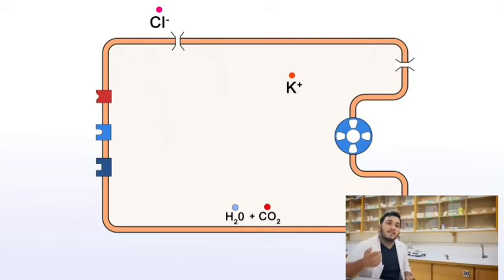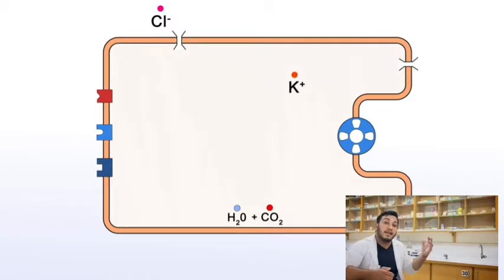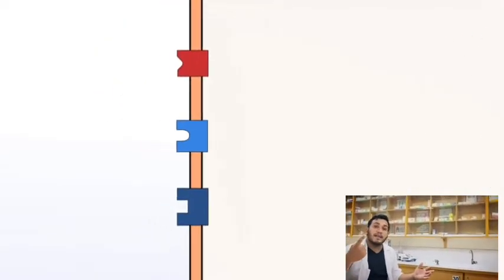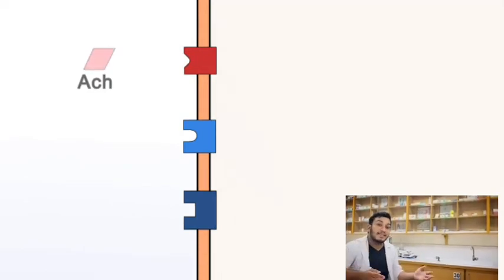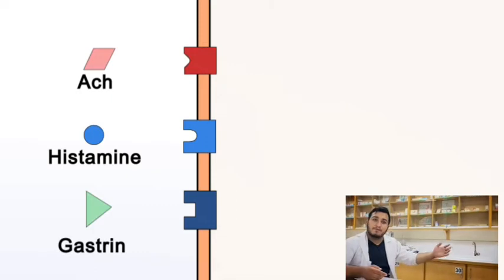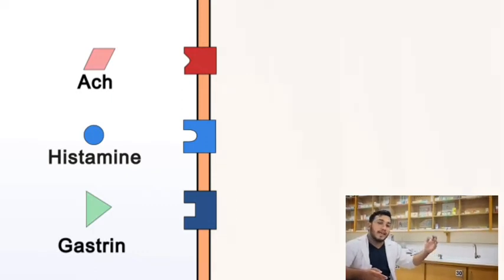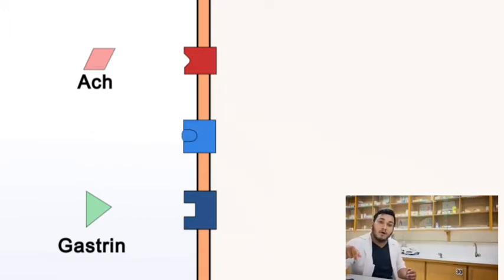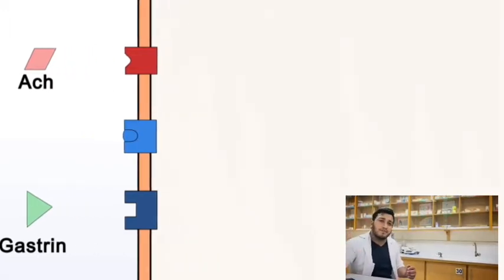The main function in HCl production is the proton pump, which is stimulated by two things. One thing is calcium ions and the second thing is cyclic AMP. The calcium ions come from the muscarinic receptors under the action of acetylcholine and a hormone gastrin, which is released by the stomach itself and sometimes the small intestine.